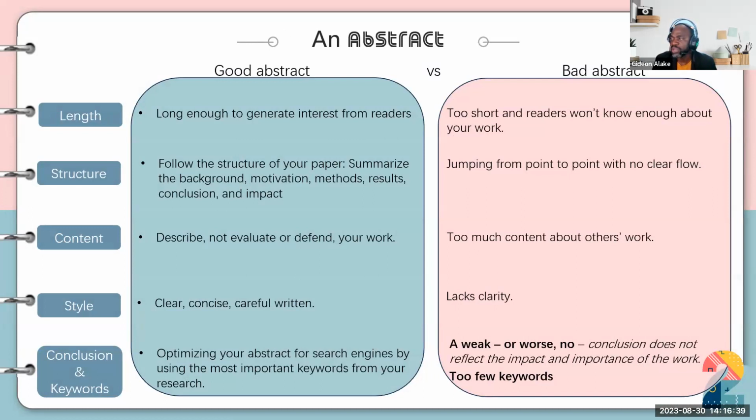There is what we call a good abstract and a bad one. A good abstract is long enough to generate interest from anybody reading your article who may want to say, let me just give it a bite.